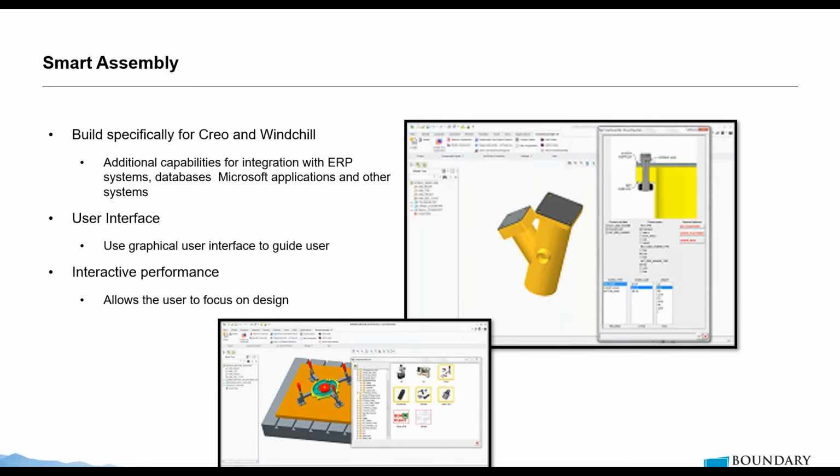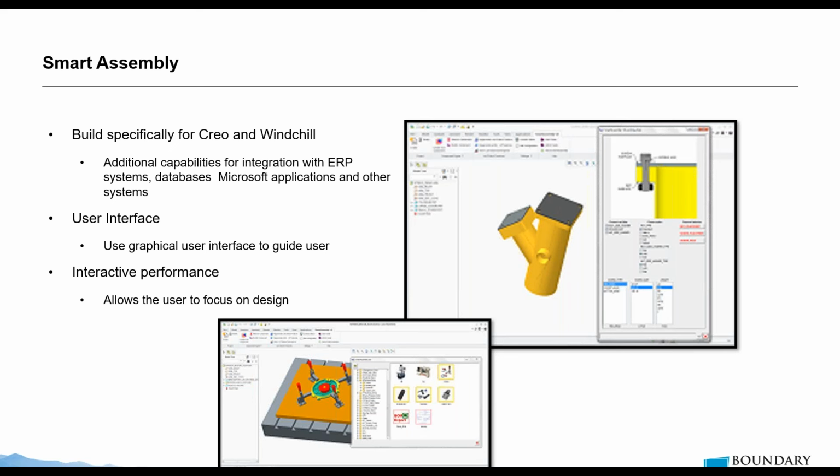So what will you get when you use smart assembly? Or how can it help you? First of all, it's giving you a nice interface. It's helping designers to be a little bit more productive, get designs out the door or onto the manufacturing floor a lot quicker. Then we can also integrate with databases.